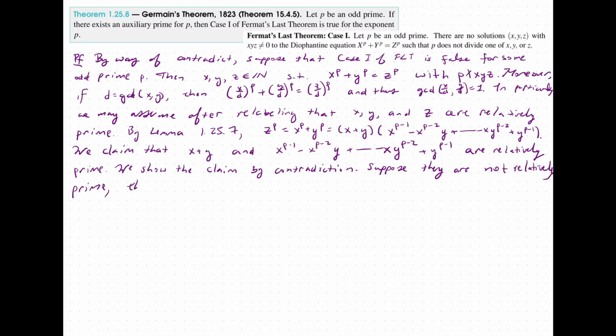Then there is some prime number, let's call that prime number n, which divides the two quantities.